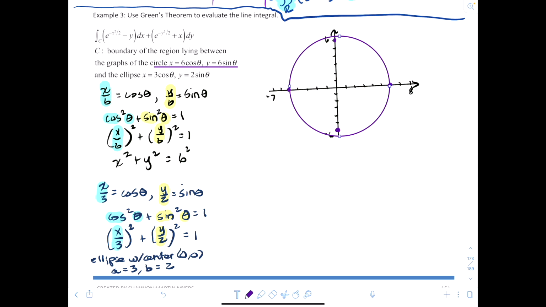I don't think my scale is very good, sorry. So our circle, I don't have the same scale for my x and my y. So something like that. Sorry, it's not super great. And the orientation went like this.